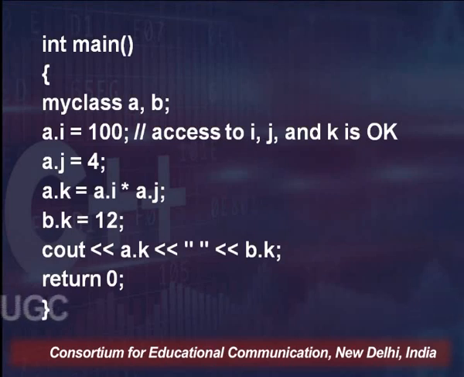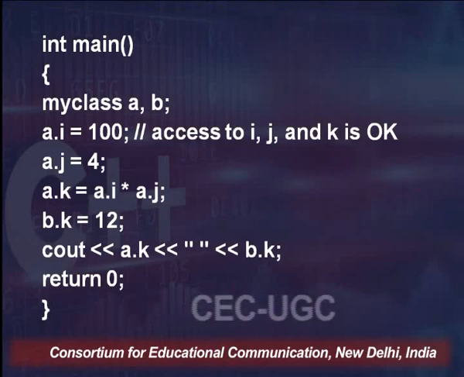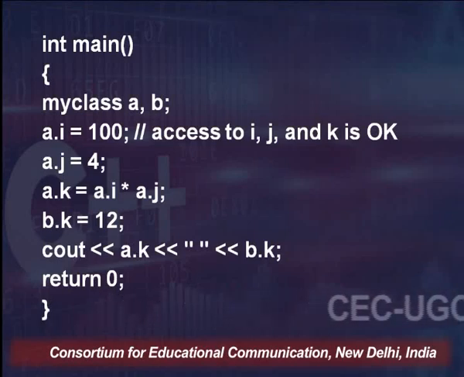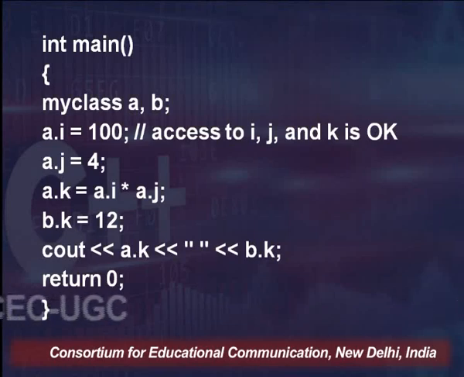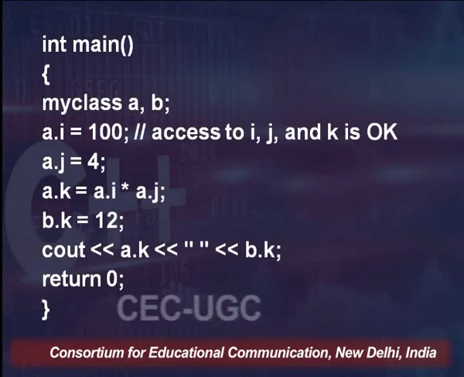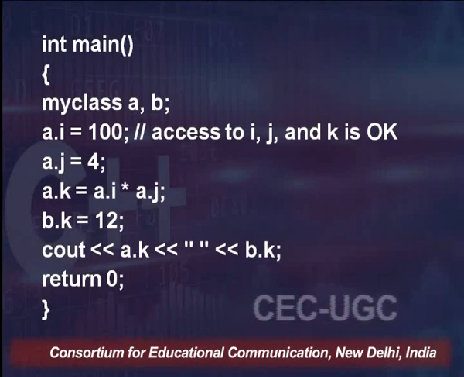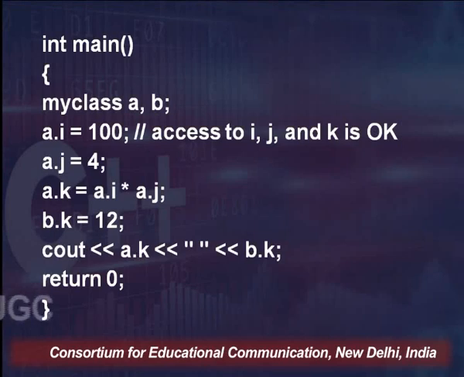Then in order to access that particular i, j and k, or any other variable for that matter which is defined inside the private section, we have to have something defined within the class itself, for example, a member function.